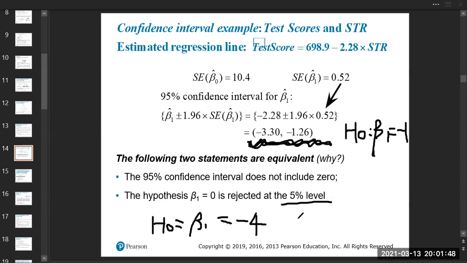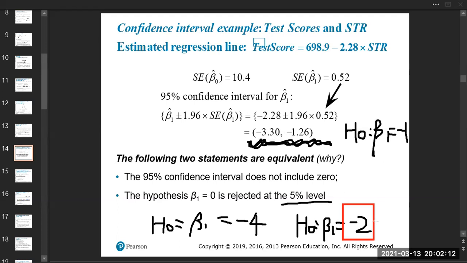Can I test H0 beta 1 equals minus 2? This one I cannot reject, because minus 2 is inside this 95% confidence interval. If it's inside that, that means I cannot reject my null hypothesis.